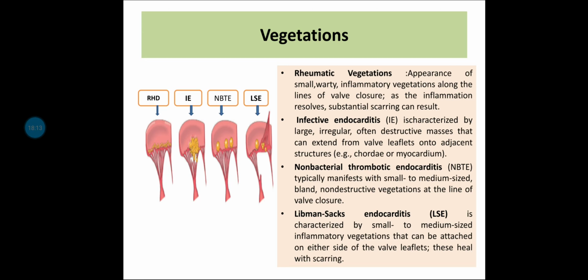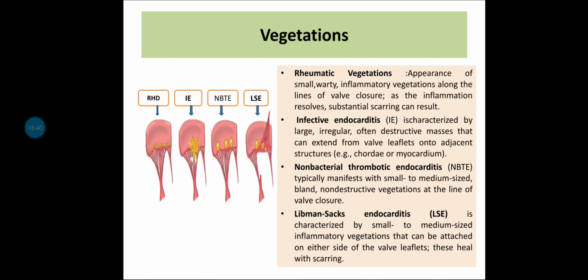Now coming to the vegetations, there are different types of vegetation along with the rheumatic vegetations. The rheumatic vegetations are basically small warty inflammatory vegetations along the line of valve closure. As the inflammation resolves, substantial scarring can result. So in rheumatic heart disease, these vegetations are small and warty, and they are present along the line of closure.